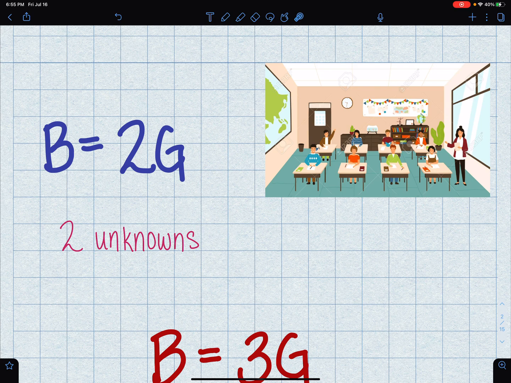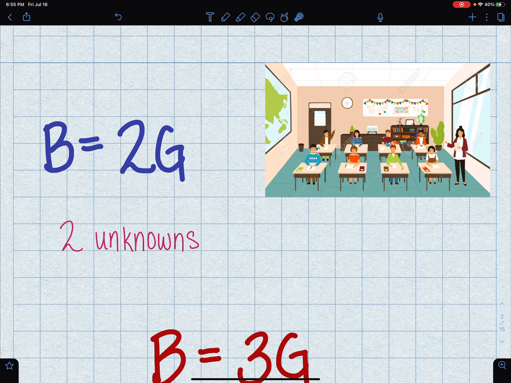That's important for you to know because if you have an equation like this, an easy way for people to mess you up on it is they're going to ask, which is more, the number of boys or the number of girls? And you would think because the number 2 is over here by the girl side that the number of girls is higher, but it's not.